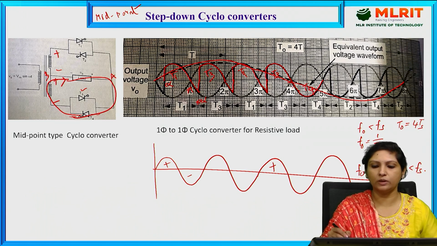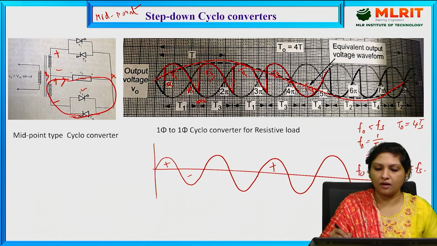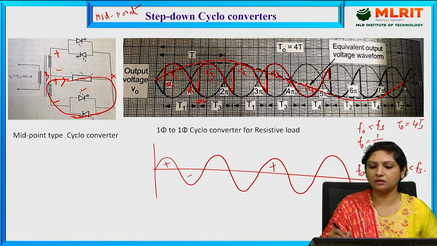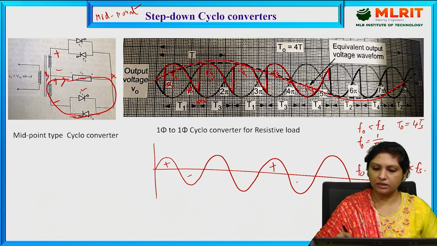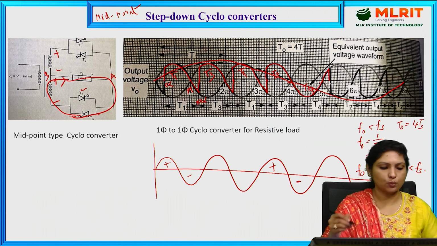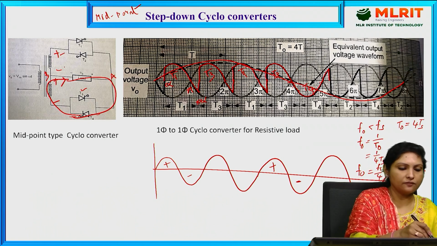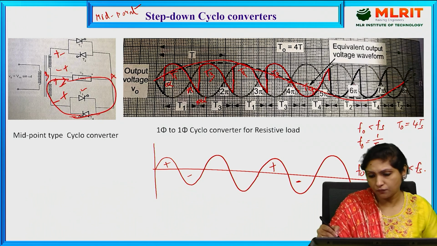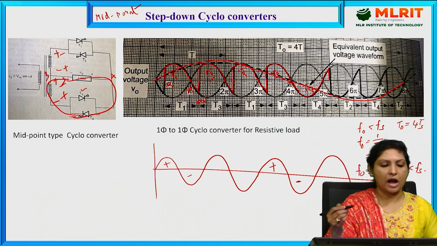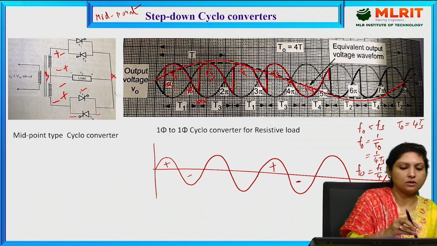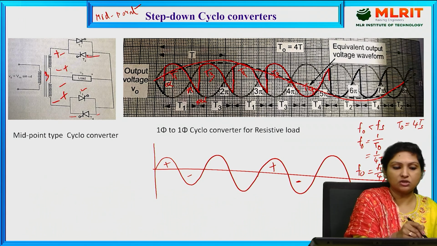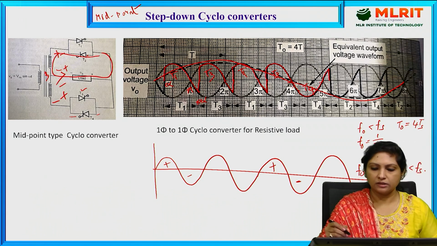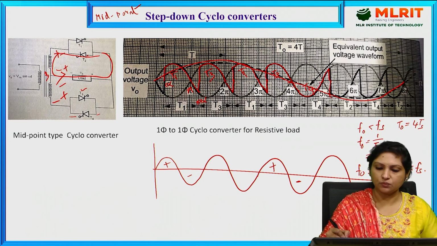At this moment, again a negative spike appears because of the presence of the inductor. And again during the negative half cycle of the supply voltage, negative, positive, in order to obtain the negative half cycle of the output voltage to be controlled, I need to provide triggering pulse for thyristor 2 such that it conducts current from B to A. That is, the negative half cycle of the output voltage will be controlled now.